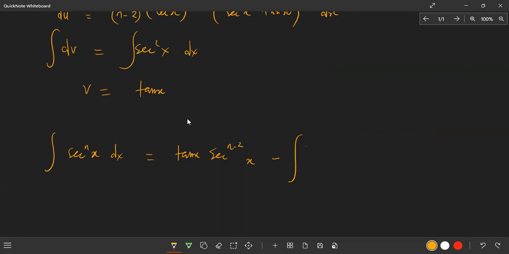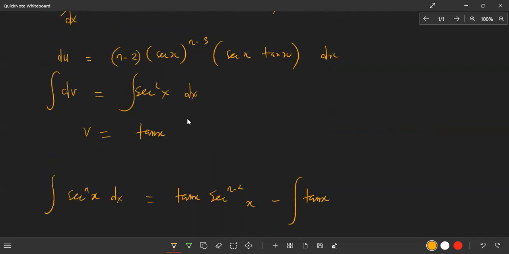Our v is tan x, and our du is n minus 2, sec^(n-3) x, and another sec x tan x dx. I'm just substituting everything there.